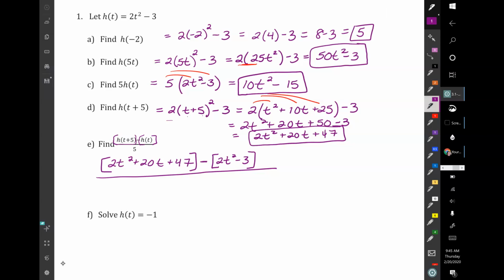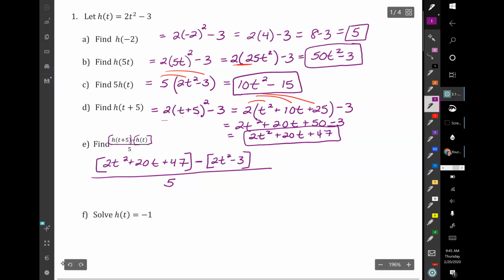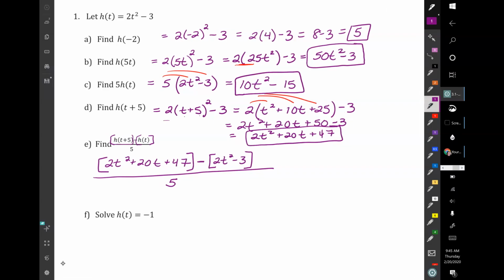And then all divided by 5. And you'll probably notice some things will whittle down and literally either subtract off, cancel off, or reduce. And we're starting with a quadratic, so it'll probably whittle down to a linear expression.